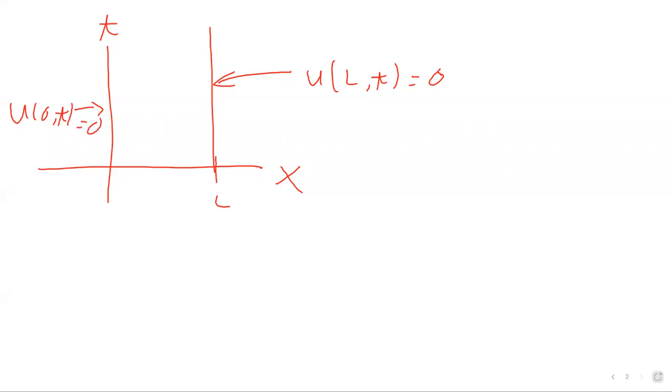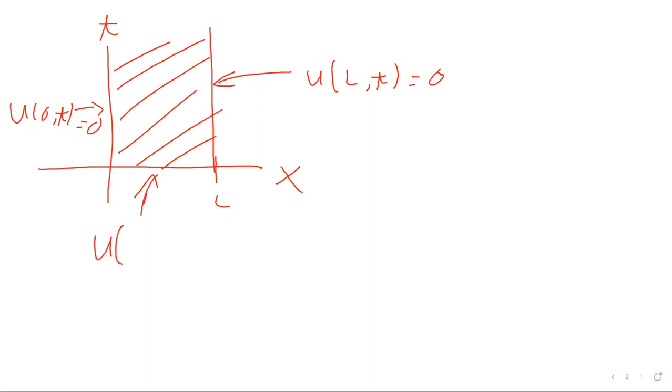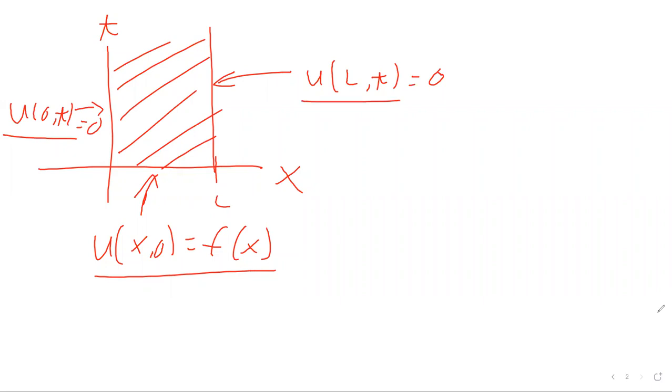And then here in the middle, we'll have what we're looking at with our whole u of x, t. And this bottom edge is going to be our u of x, 0, which is our f of x. So this bottom part is our initial condition, and our u's here on the sides are both the boundary conditions. And so we're going to use all that information to then find out what's going on here in that middle part.